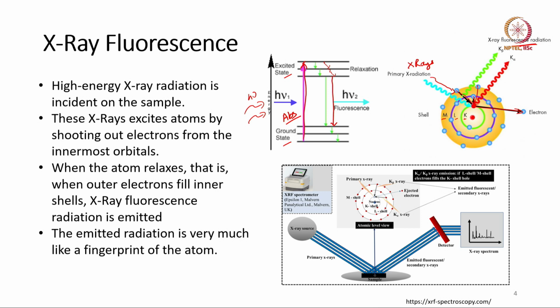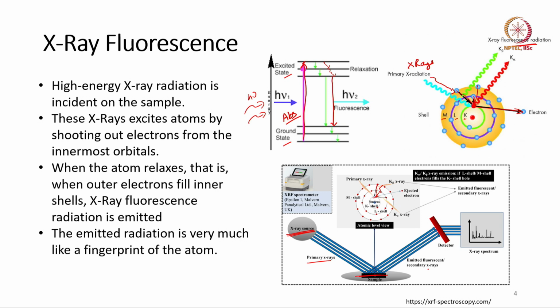Let us talk about the basic working of our XRF. The first thing we have is the X-ray source. The primary X-rays fall onto our sample, the vacancy is created, the inner electrons are knocked out, and the electrons from the outer shell tend to fill the inner void.